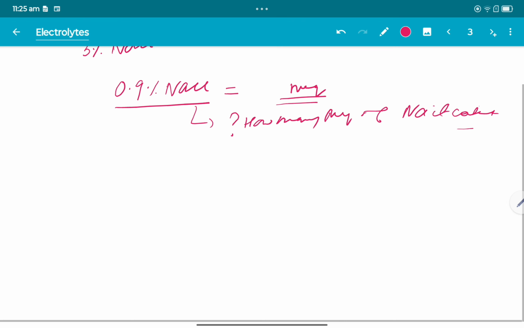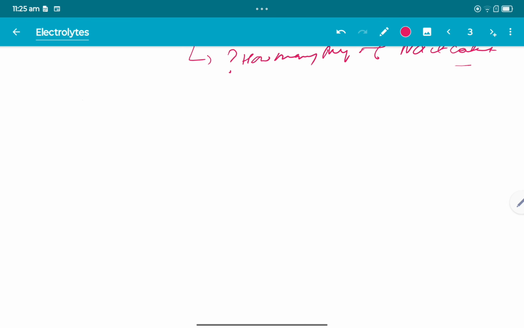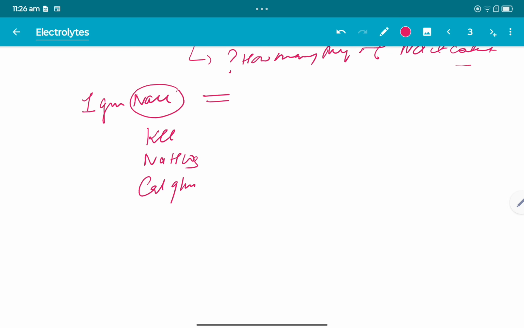Okay. There are a few facts that you must know. 1 gram of NaCl, or 1 gram of any salt. It could be NaCl, KCl, sodium bicarbonate, calcium gluconate, calcium chloride, or magnesium sulfate. Okay.